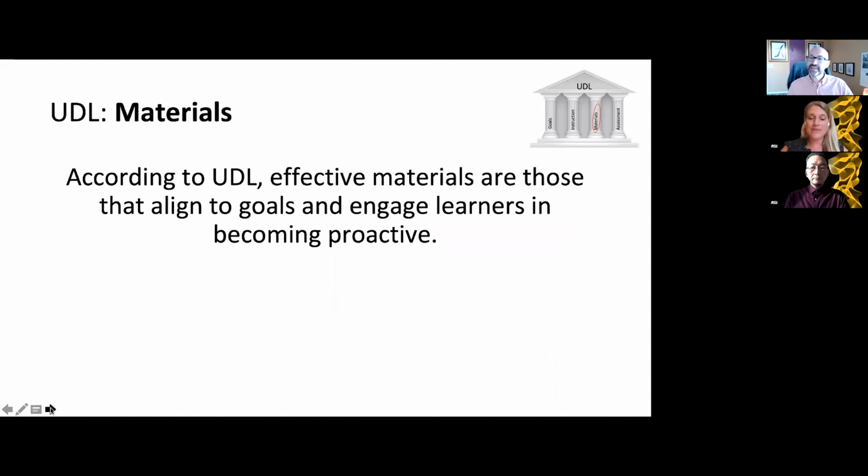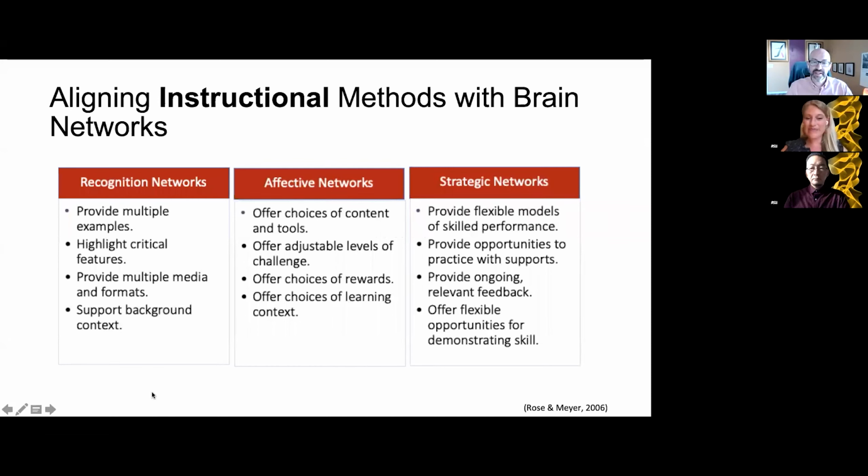So the next pillar. So yeah. Amber, I'm wondering, as I'm looking at this slide, one of the, I think, provocative challenges that UDL can present is, how do we do this in a very low tech way, right?